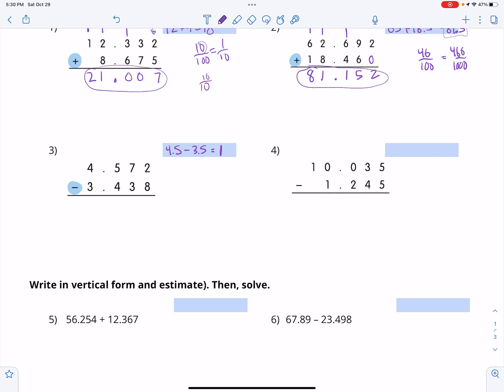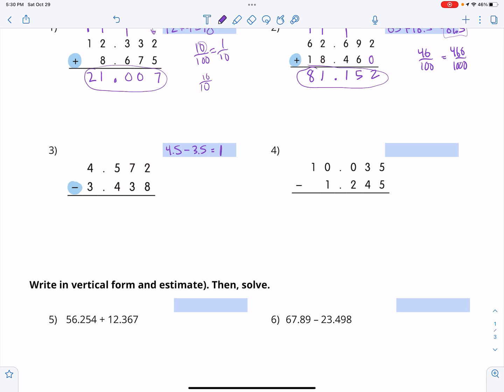Now my favorite strategy for subtraction is to do all of my regrouping and then do all of my calculations. So when I do that, I know that I need to look up top because this is what I have. Underneath is what I'm taking away. So I'm looking for places where my value in the top number is less than the value in the bottom number. So first off, in the thousandths place, I only have 2 and I need to subtract 8.